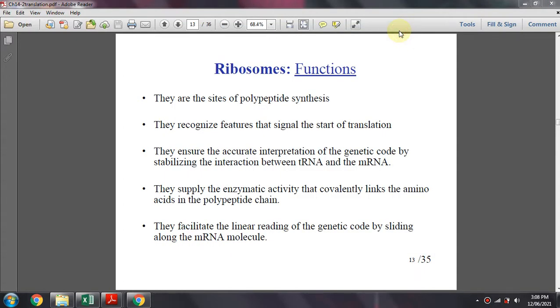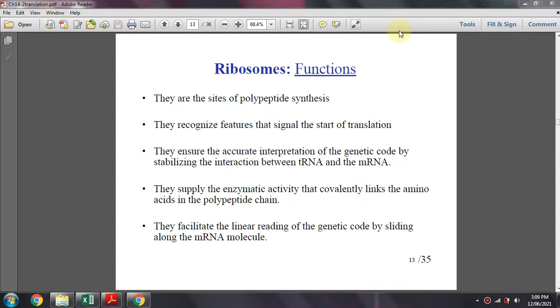So the ribosomes are sites of polypeptide synthesis. They recognize features that signal the start of translation. They ensure the accurate interpretation of the genetic code by stabilizing interaction between tRNA and mRNA.